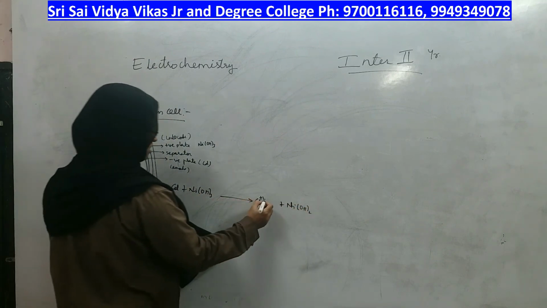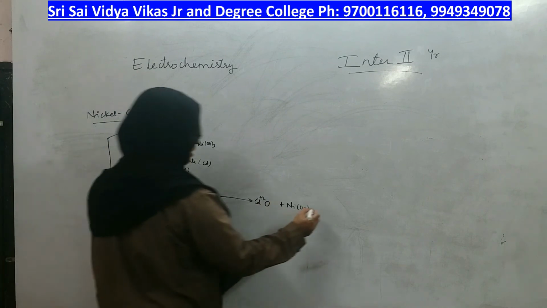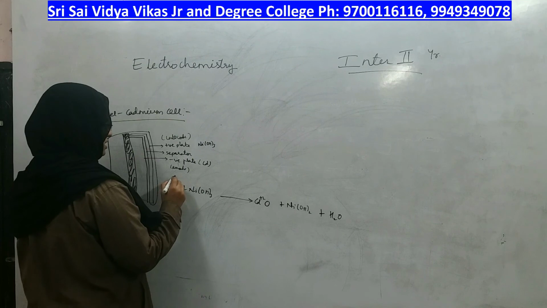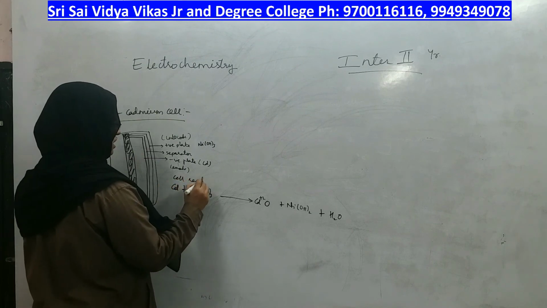One oxygen goes here and the other oxygen goes here. This is the final reaction of the nickel cadmium cell.